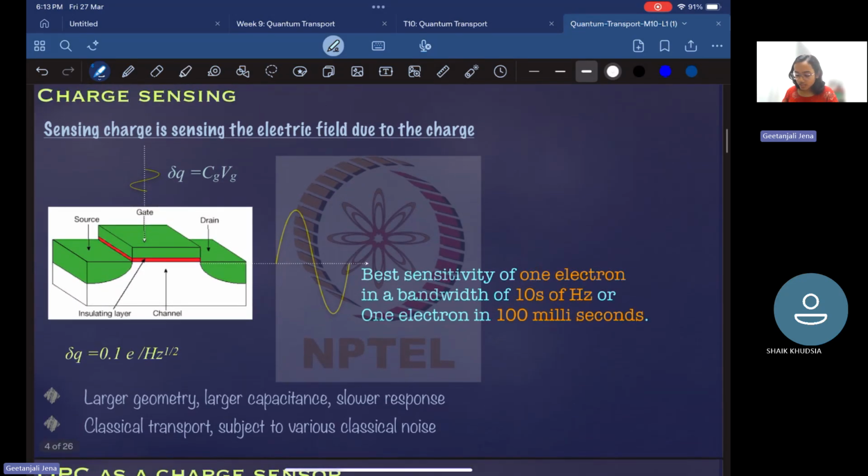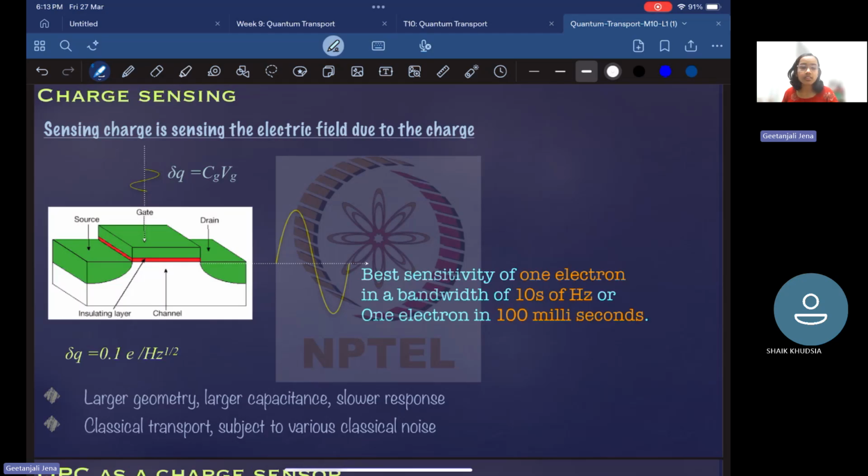But this classical charge sensor cannot be used for sensing in the order of millisecond, microsecond or nanosecond, because these devices have larger geometry and larger capacitance, which make them much slower.